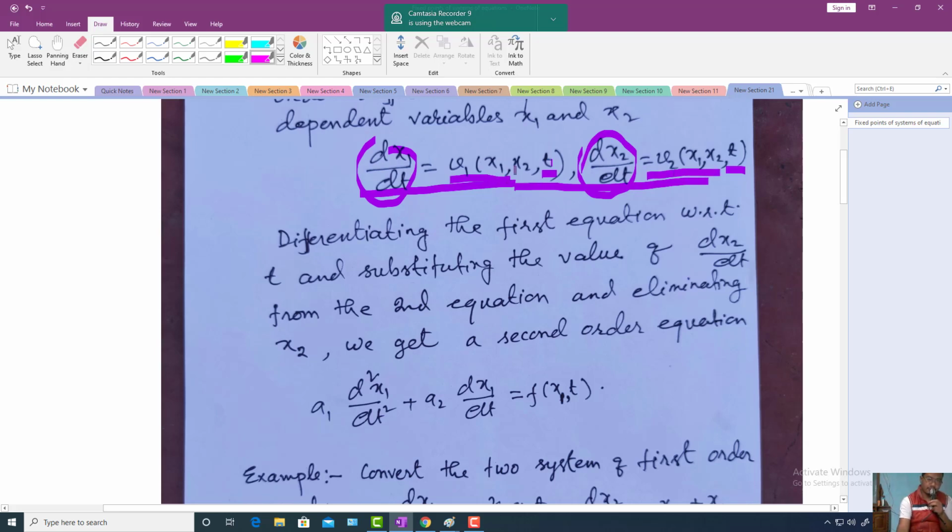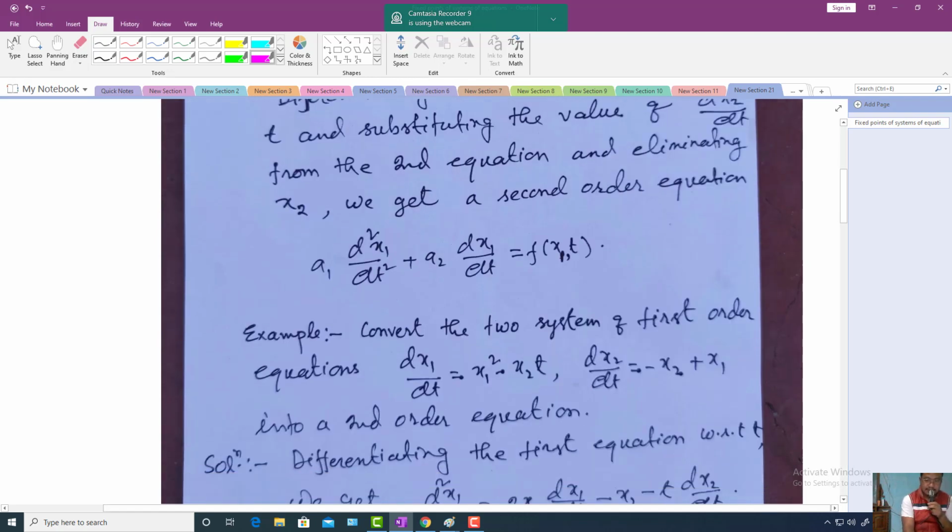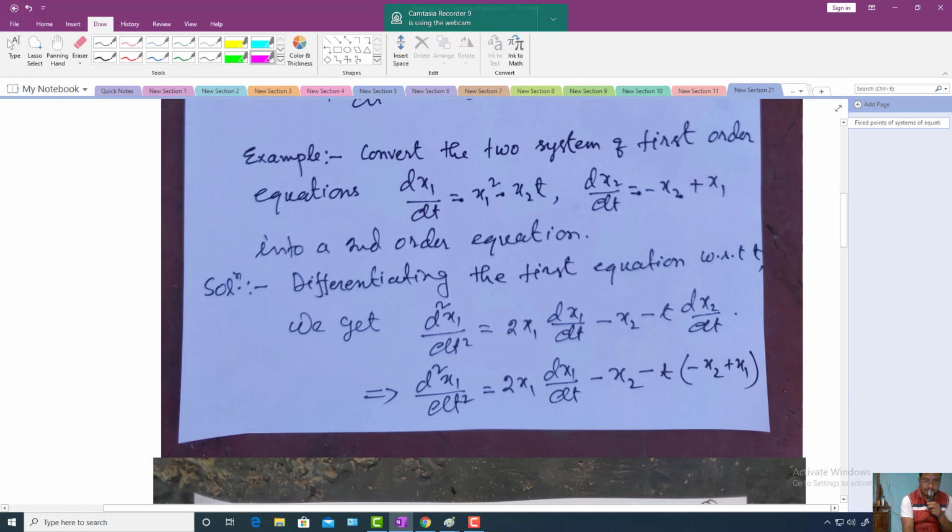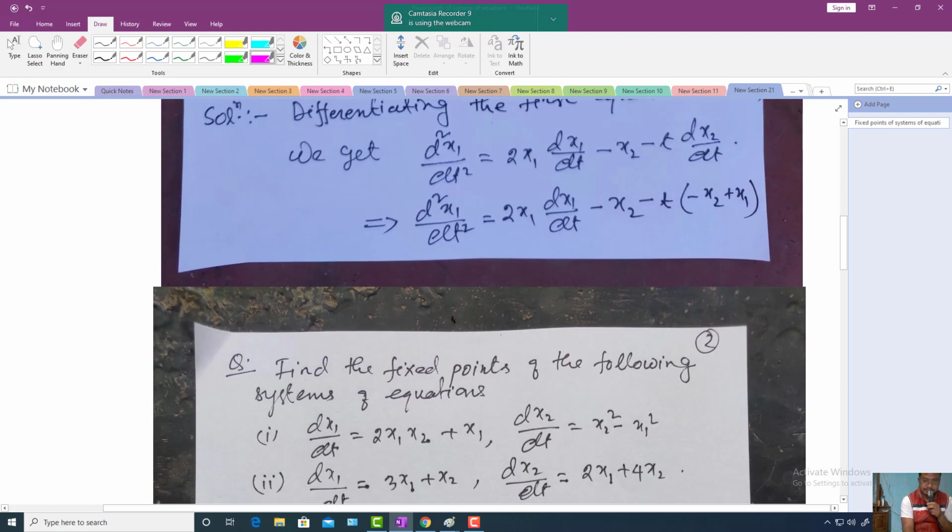From these two equations you solve for x1 and x2. In case of autonomous systems, t is not present there. The solution is a fixed point of the given system of two first order equations. That is how we find the fixed point for such dynamical systems. That is not too difficult.